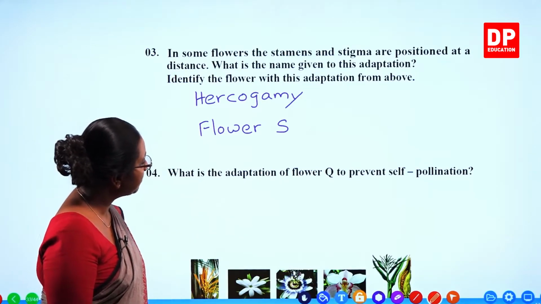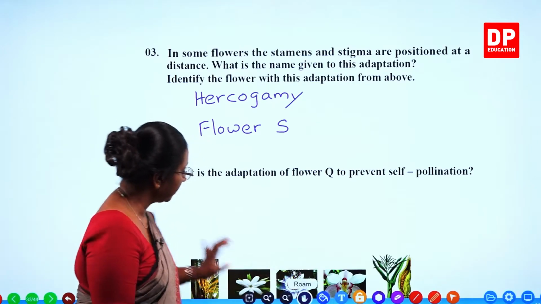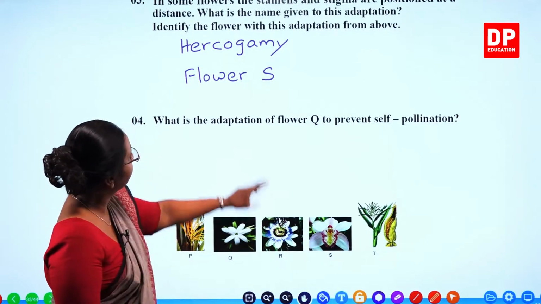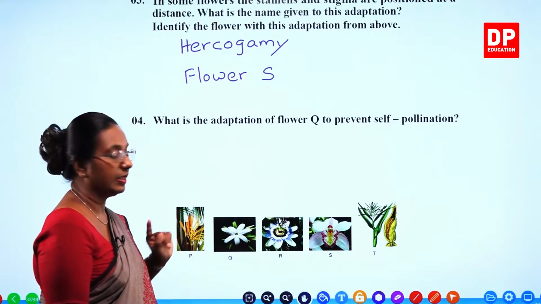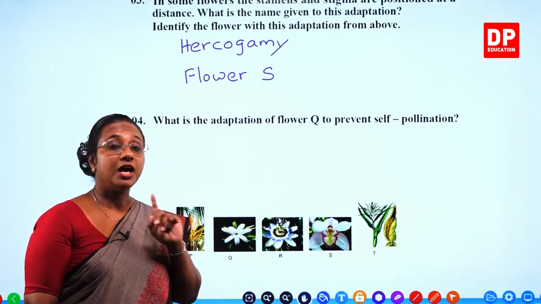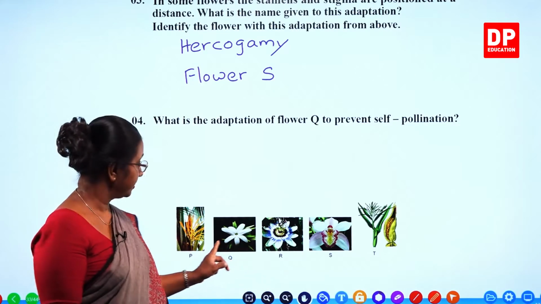Then what is the adaptation of flower Q to prevent self-pollination? We have already written flower S for orchid, flower Q is jasmine. What is the adaptation? I told you all, they show extrose stamens.